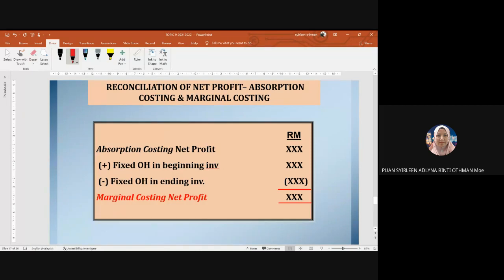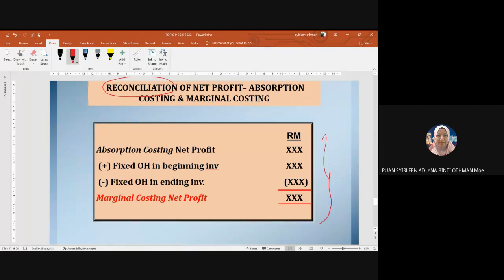Okay, so bila dia tak sama, you need to reconcile, betulkan balik. So bila you need to reconcile, you need to do this. So you kena cari the fixed overhead in the beginning inventory and then you akan minus dengan fixed overhead di ending inventory.